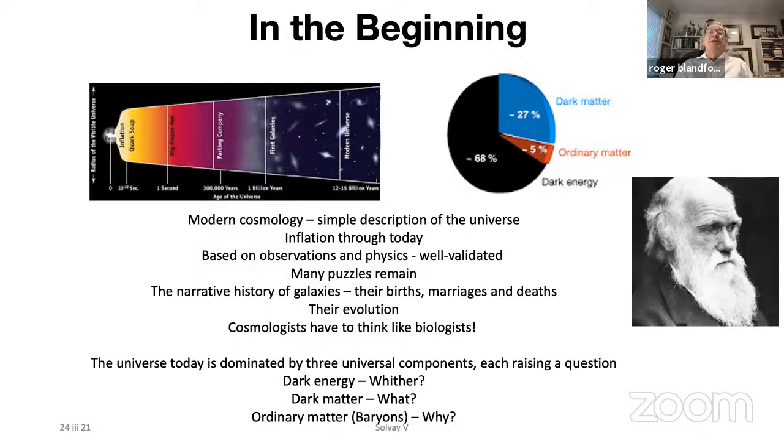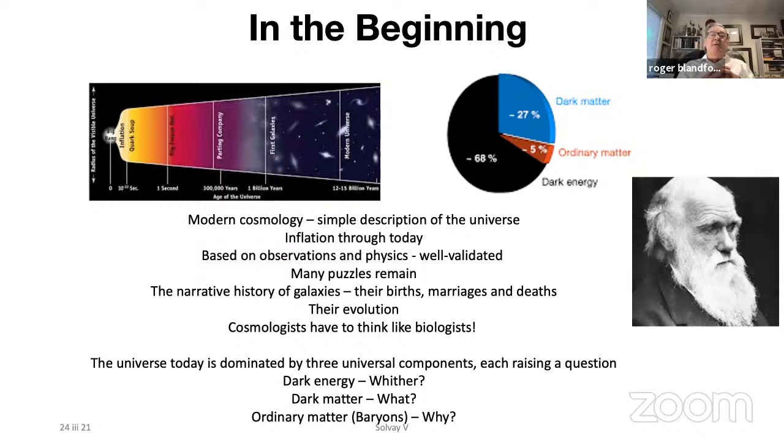Now, the other thing I would say, just to make the connection to biologists, is that all of this high-minded physics, which is still very much a matter under investigation, but which we've learned a lot about in describing the standard model of the universe, is really, in a research sense, being taken over by a rather different type of science. This is the narrative history of galaxies, their births, their marriages, and their deaths.